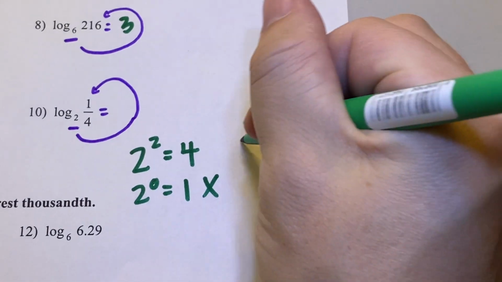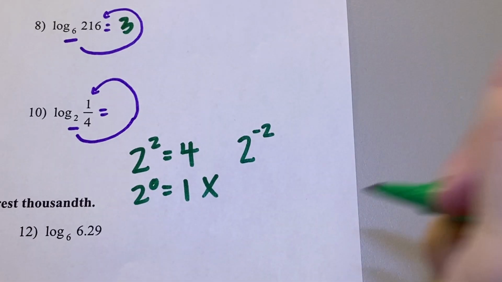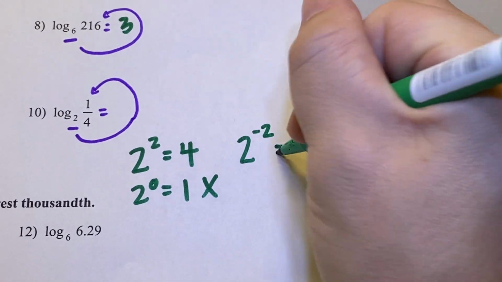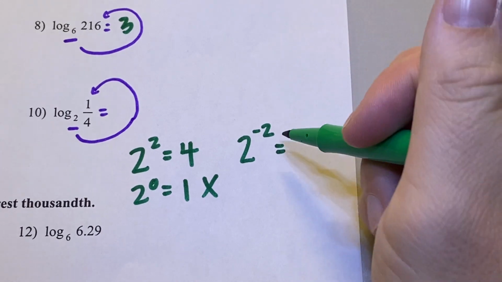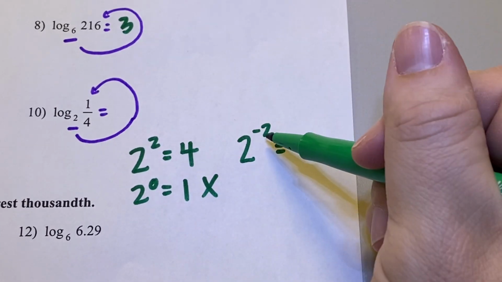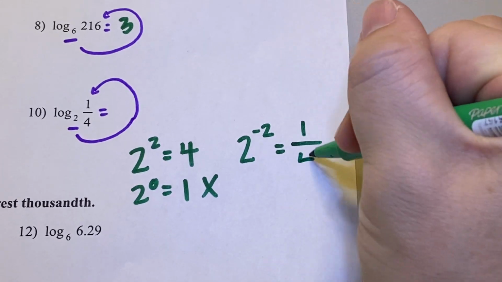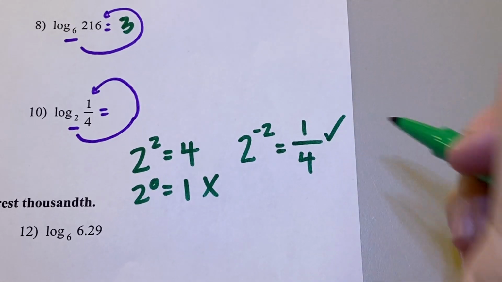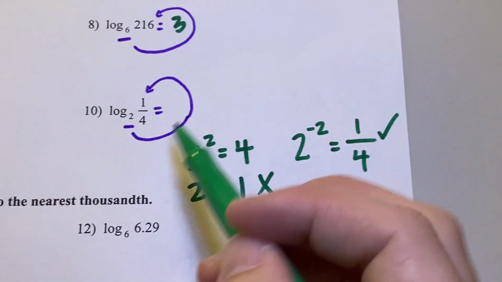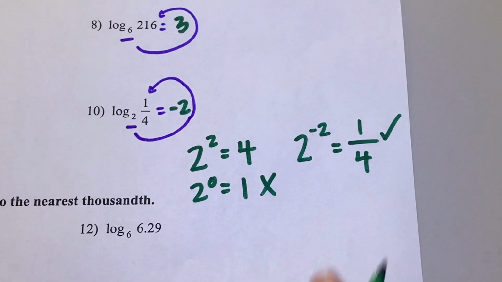What happens when I have a negative exponent? It goes down. So instead of positive 2 equaling 4, what does 2 to the negative 2 equal? 1/4. Uh-huh. So that would be negative on the other one. So then our answer equals -2.